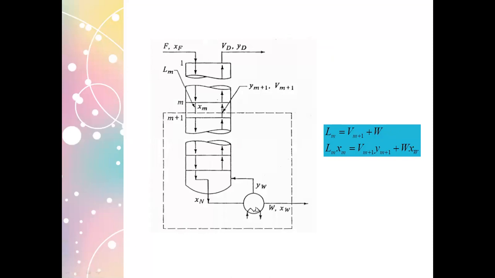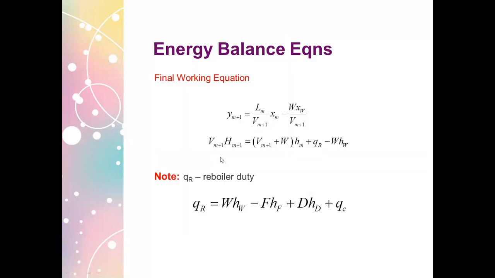So the energy balance on your reboiler will account for the energy content of W, the energy content of this particular V sub N plus 1, and the energy content of L sub N, because what is introduced into your reboiler is L sub N. Now, this is your final working equation for your energy balance around your reboiler, taking into account already the equation for the material balance.